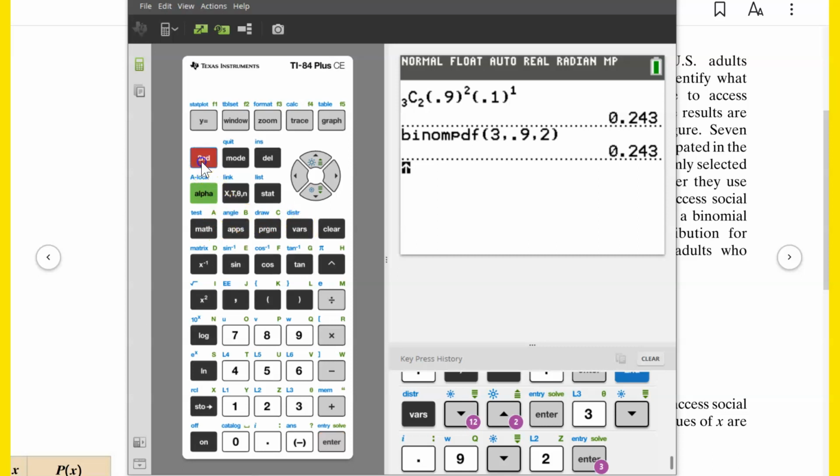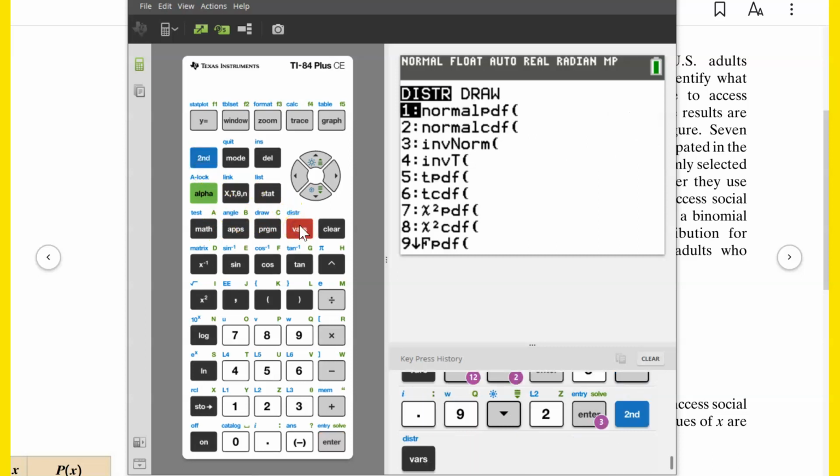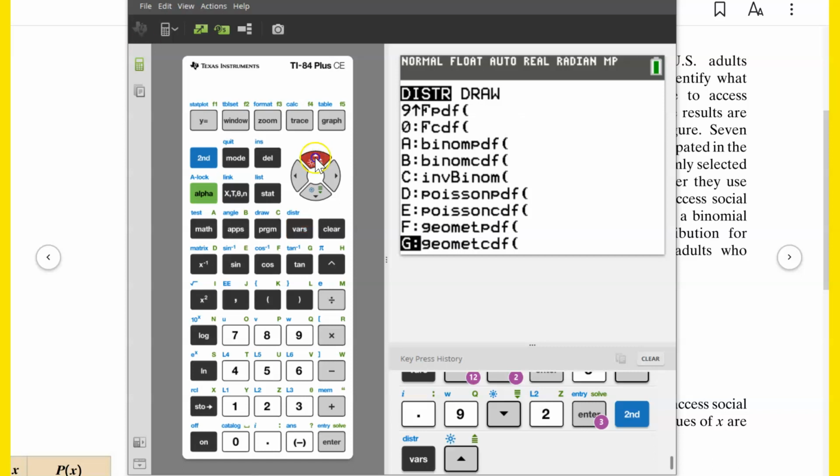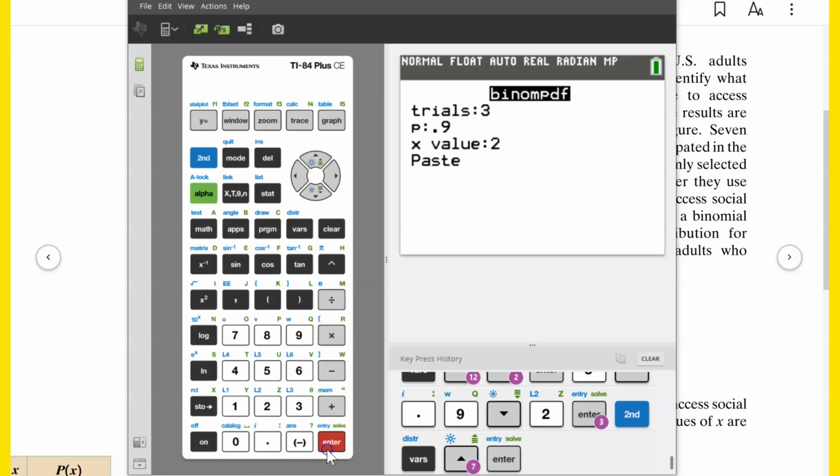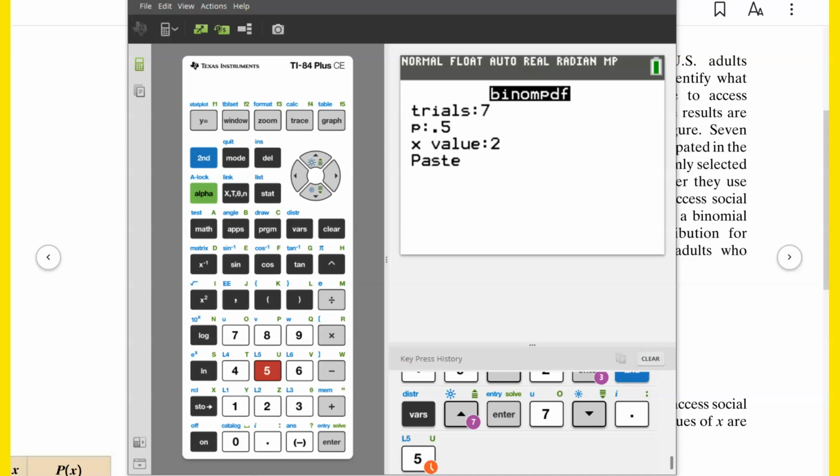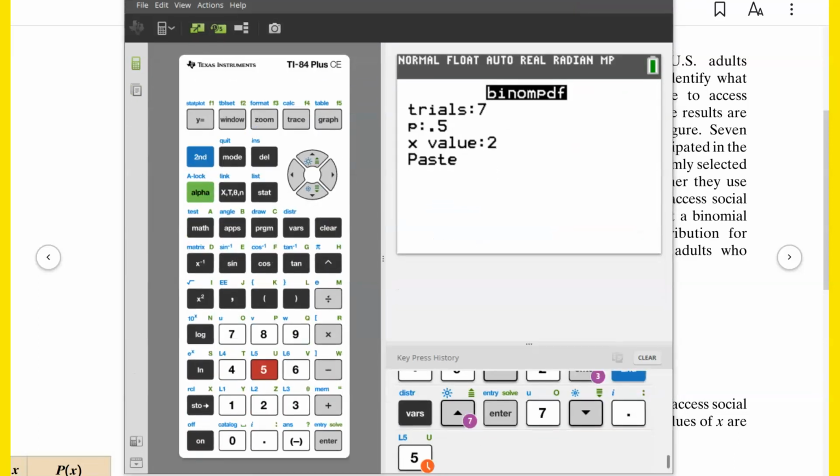So I'm going to go second distributions. If you just hit the up button instead of the down button, I think it probably gets you there a little quicker to Binomial Pdf. The number of trials in this case is 7. The probability of success P is 0.54. Or was it? Maybe I got that backwards. It was 0.46, wasn't it?